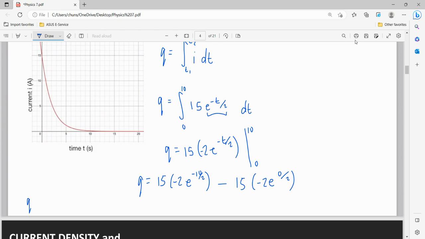This becomes negative 30 e to the negative 5, plus 30, because this becomes 0, that turns this e into 1. So this becomes our charge. And if we plug this into our calculator, Q becomes 29.8 coulombs.